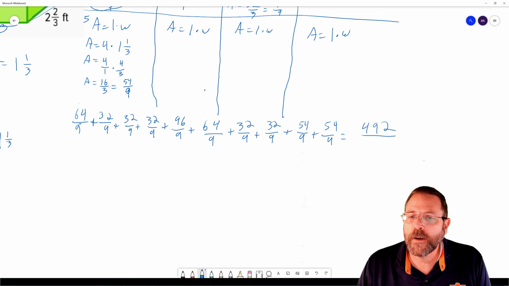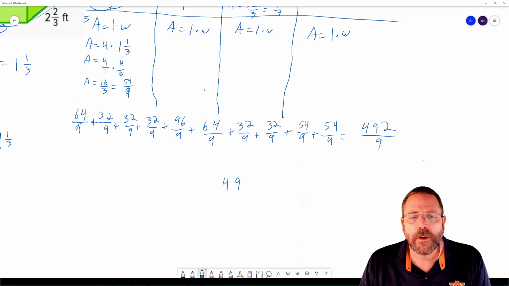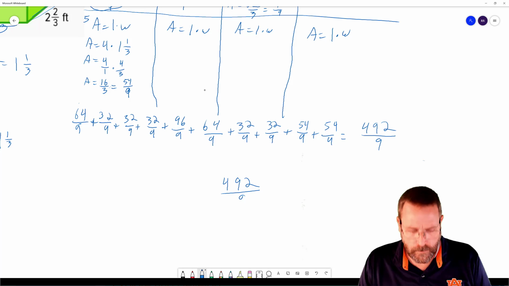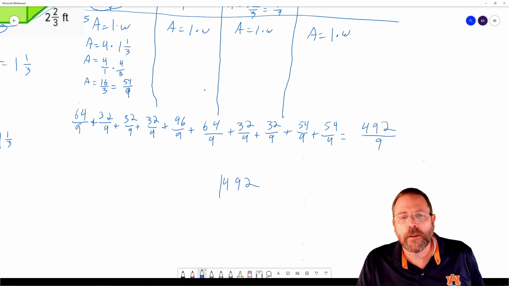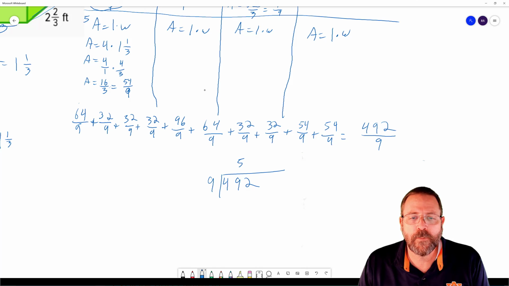492 divided by 9, and that's still not going to be right, I don't think. 9 goes into 49 5 times. 5 times 9 is 45 with 4 left over.